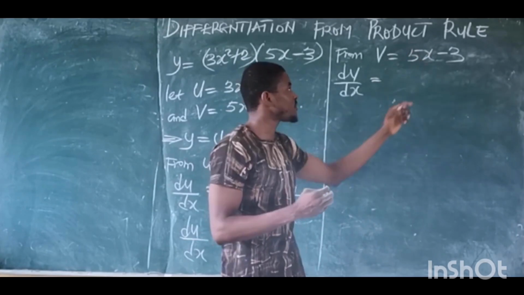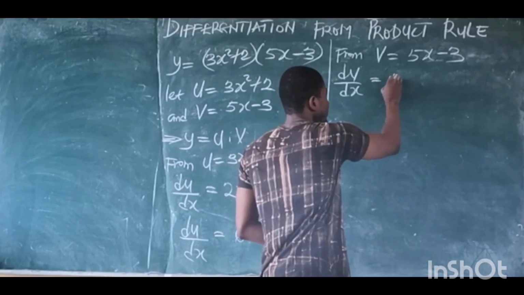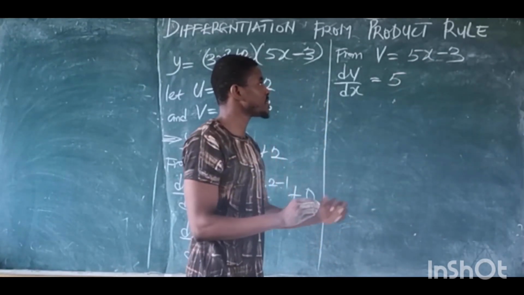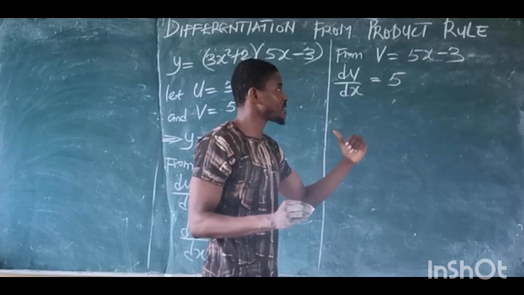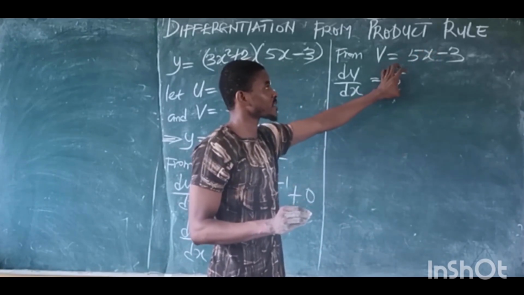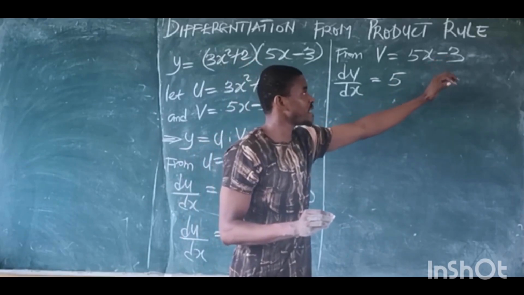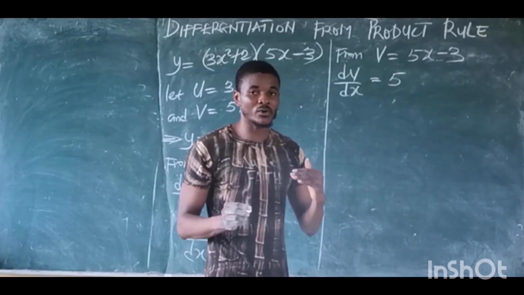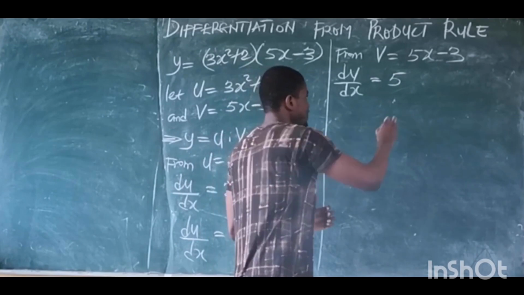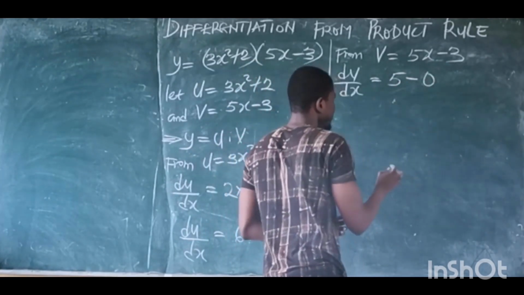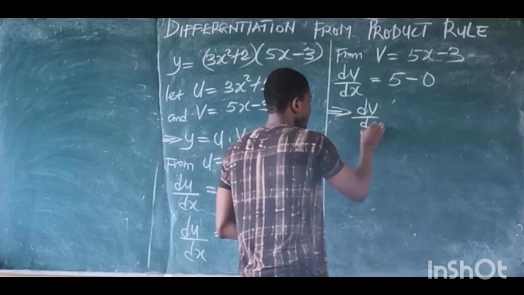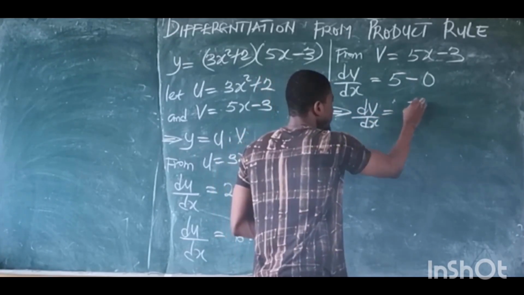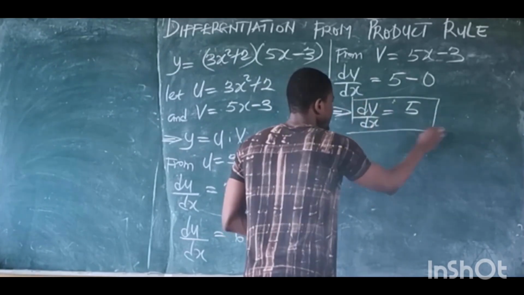So if I differentiate 5x, I will simply have 5. Since x is raised to the power of 1, the derivative simply becomes the number attached to x. But minus 3 here is a constant, and the derivative of a constant always is 0. So I can simply say minus 0. But that now implies that dv/dx is simply 5. So I have this for dv/dx.